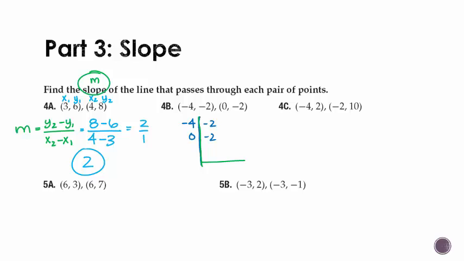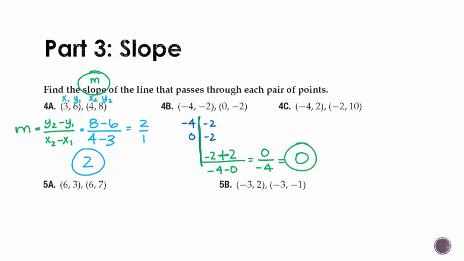So remember, we want to find the difference in these two. So what we're going to do is subtract. So -2 minus -2, and then down here -4 minus 0. And then this just turns into a positive, so we end up with 0 on the top divided by -4 on the bottom. And 0 divided by 4 is 0.